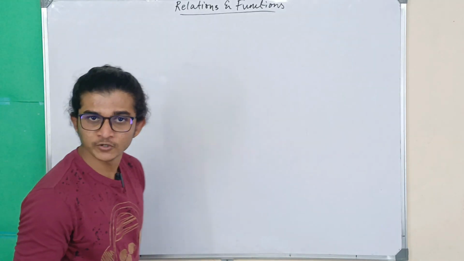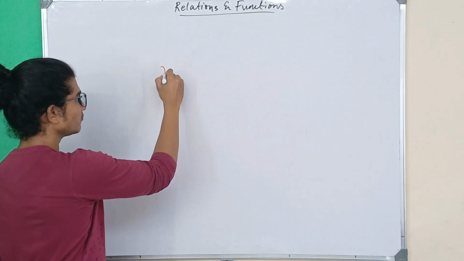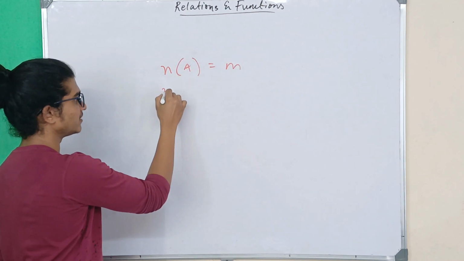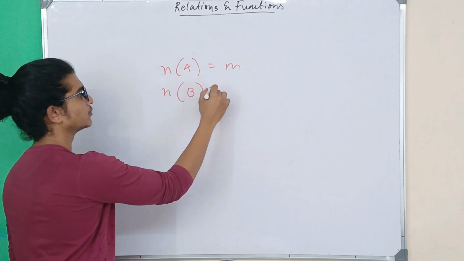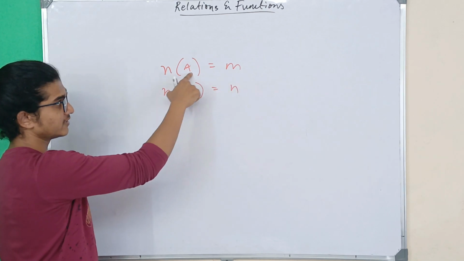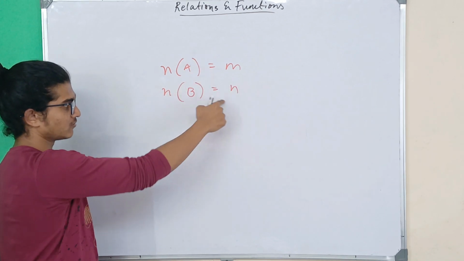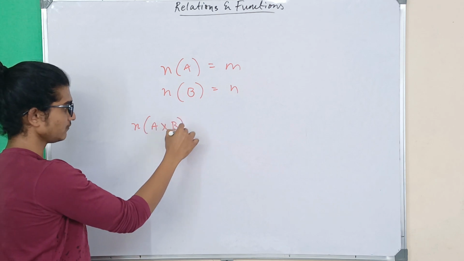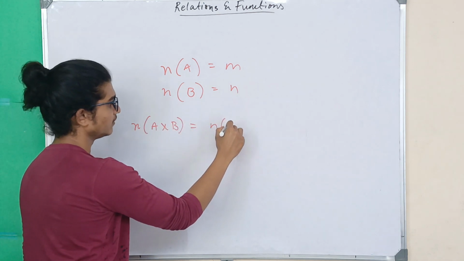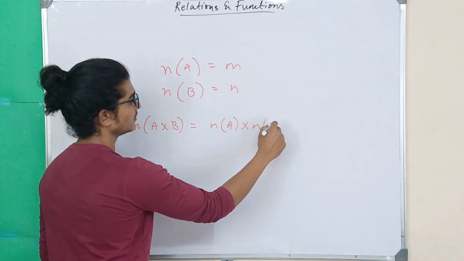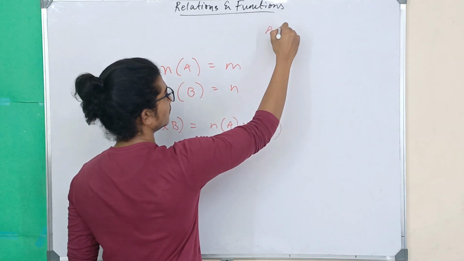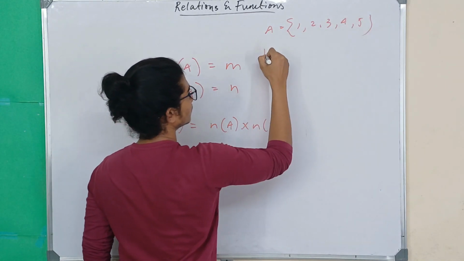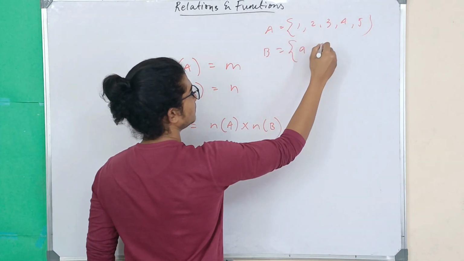One more thing you need to notice, suppose the number of elements in set A is equal to m and the number of elements in set B is equal to n. The number of elements in A cross B is going to be the number of elements in A into the number of elements in B. Say for example, your A equal to 1, 2, 3, 4, 5 and your B equal to a, b, c.